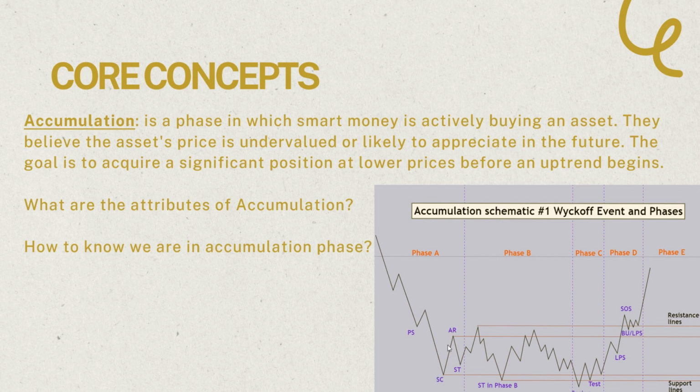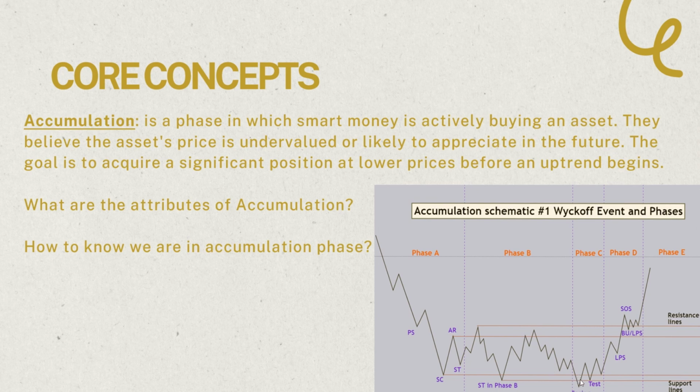You realize that the market is trading in a range. It's not directional in movement. There is typically a series of higher highs and lower highs, indicating a balance between buyers and sellers. In this case, you could see that buyers and sellers are at equilibrium.